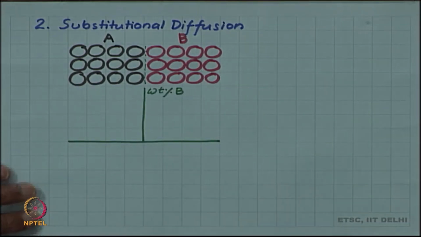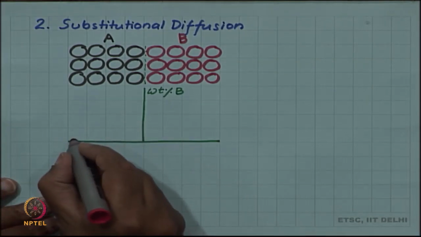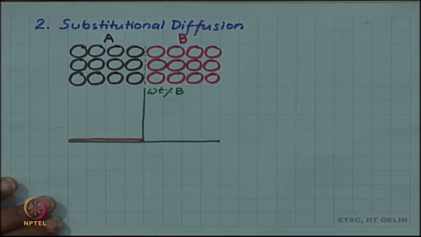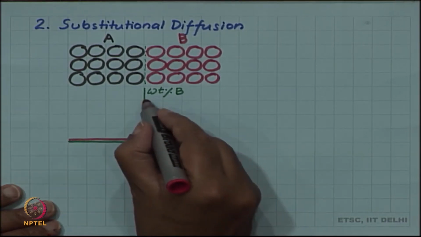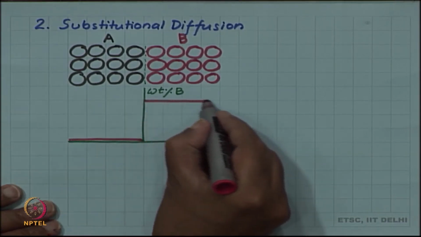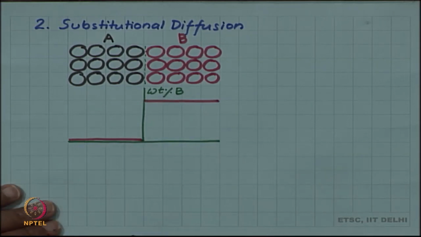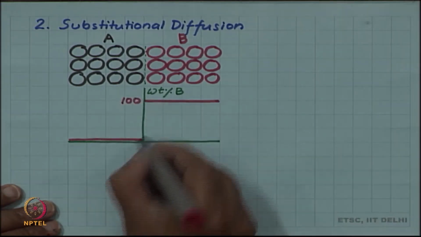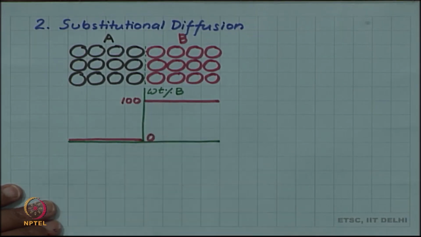Then we find that on the A side there is no B. So, you will have 0 percent B, so it will coincide with the x axis, whereas on the B side you have pure B. So, you will have 100% B on the B side, and 0% B on the A side.